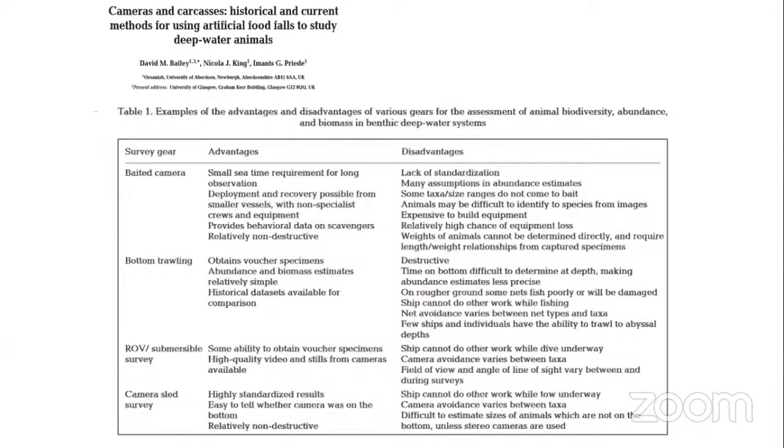But one of the issues is that the way they're analyzed is not standardized. It's very difficult to get absolute abundance estimates from bait cameras, and there are a lot of assumptions about the evidence that you get from them. Basically, I think you need a lot of bait camera data in order to say anything useful, and there are a lot of caveats to it. But we'll get into that later on if you like.